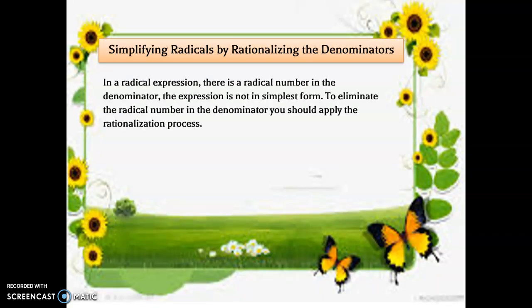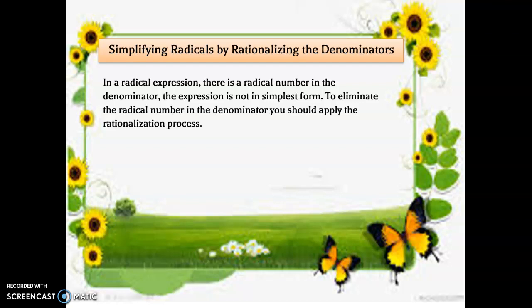Pero, bago yan, ito yung mga bagay na kailangan natin consider in rationalizing the denominators. So, in a radical expression, there is a radical number in the denominator. So, yung naka-radical po. So, the expression is not in the simplest form pa, kapag nakaganon.